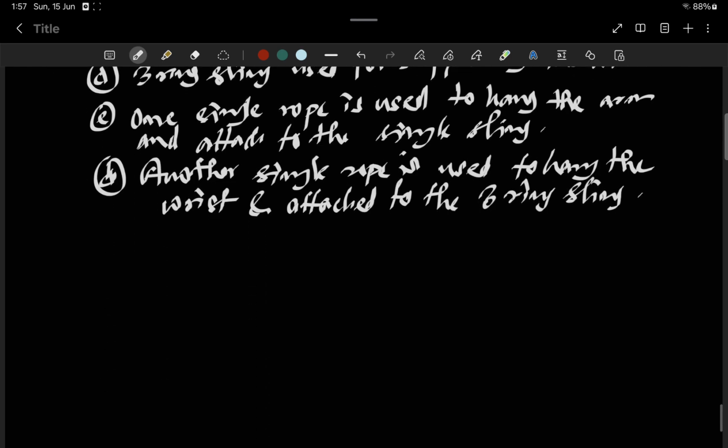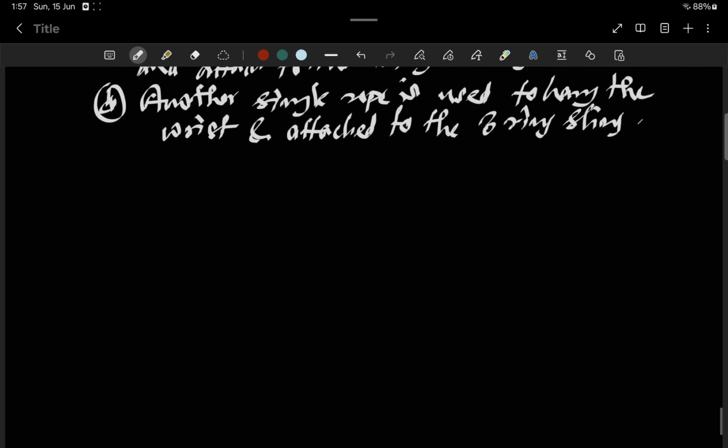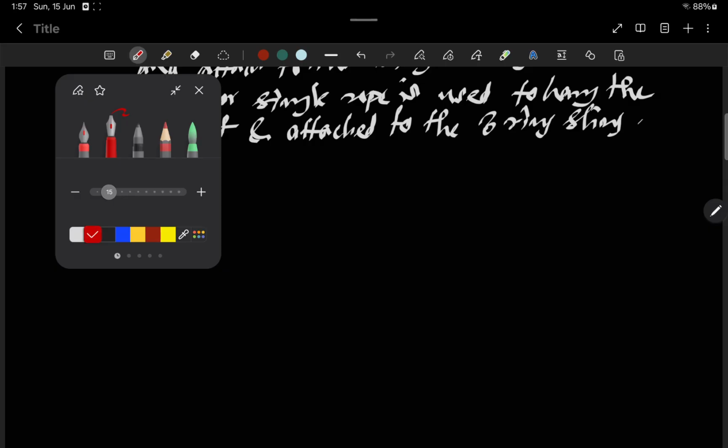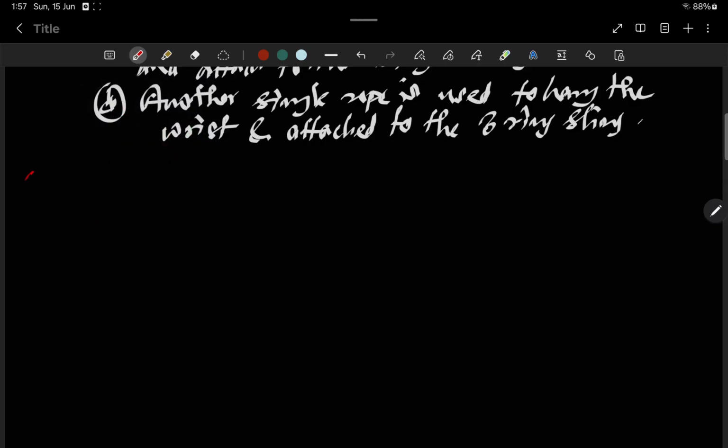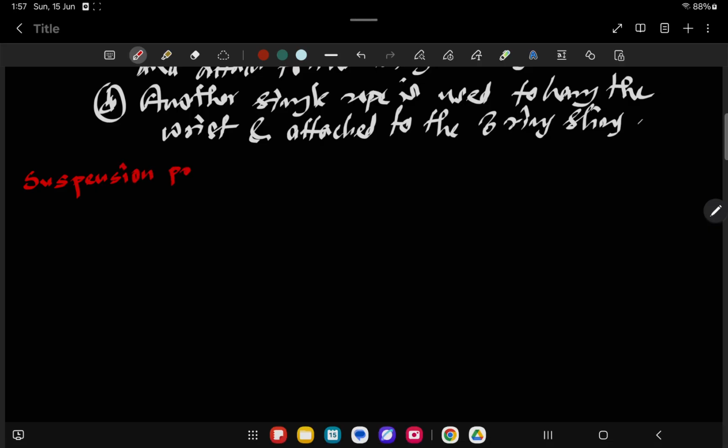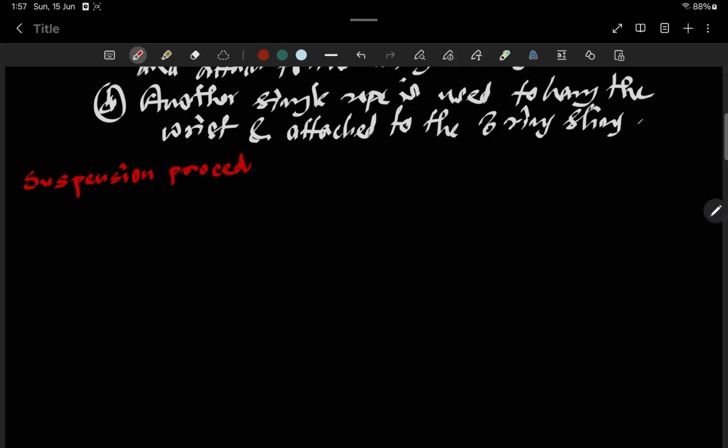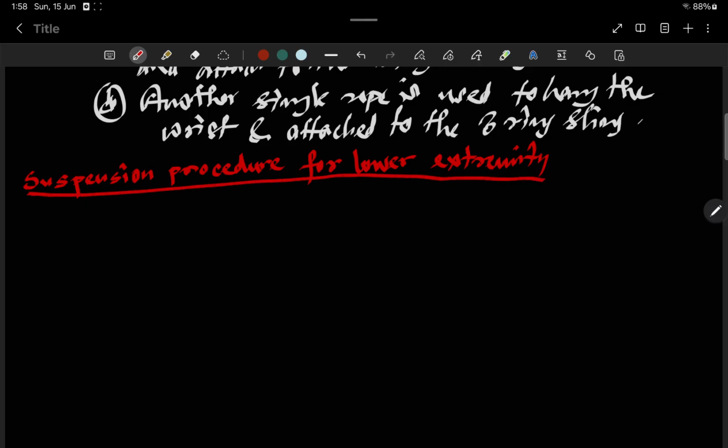Okay. Suspension procedure for lower extremity.